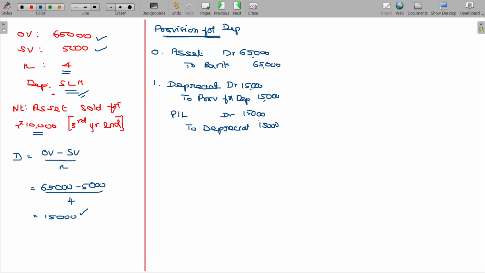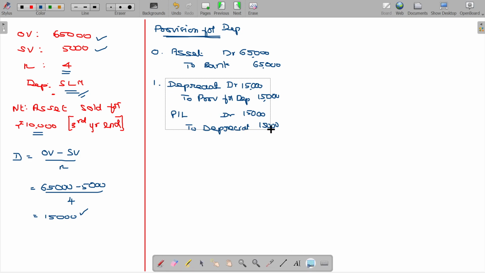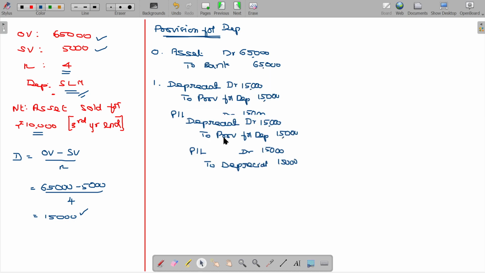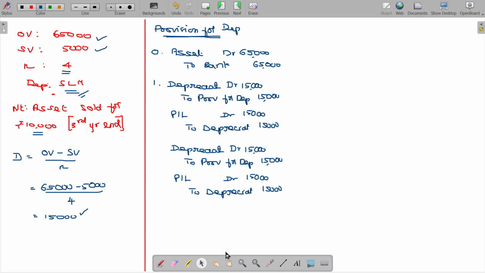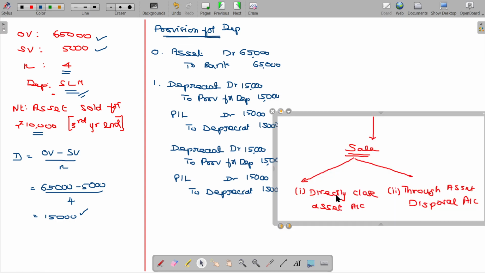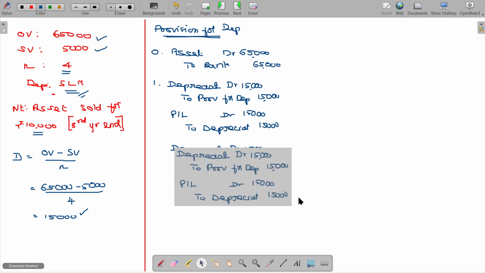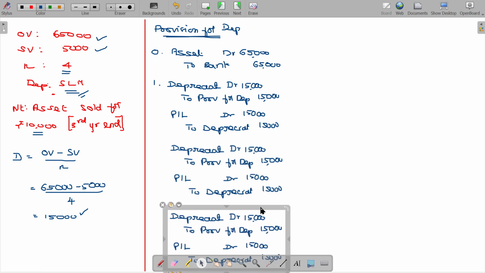This asset is used for 3 years, and only after the 3 years is this asset going to be sold, right? So after the 3 years, we are repeating the same process. For year 2 and for year 3, these two remain as they are.